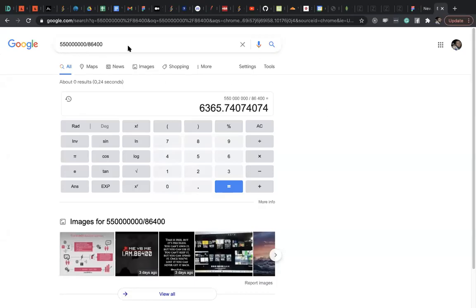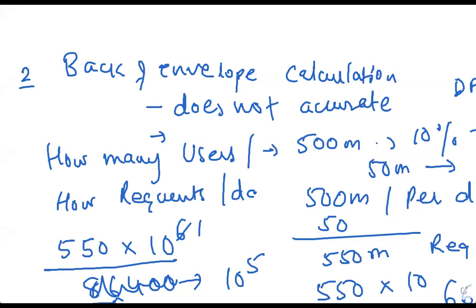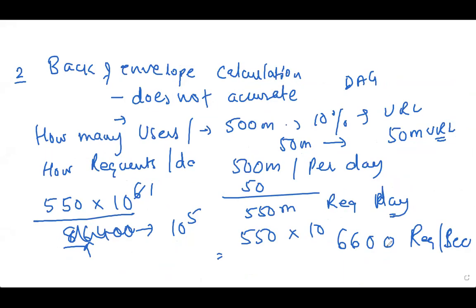I did the exact division in a browser calculator, and this is 6,300 requests per second. And what was ours? 6,600. So it's more or less similar, like 300 here and there, which is okay because you are over-provisioning. Your system will actually get 6,300 requests, and you are designing it for 6,600. So that's the first step you do: number of requests coming per second based on the data you got from the interviewer.